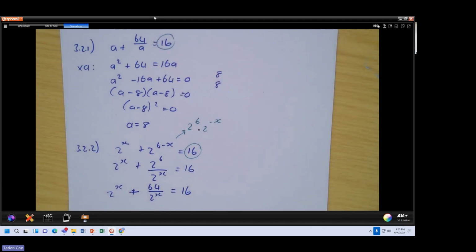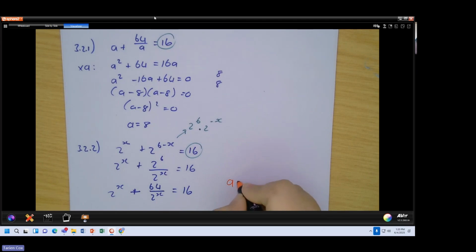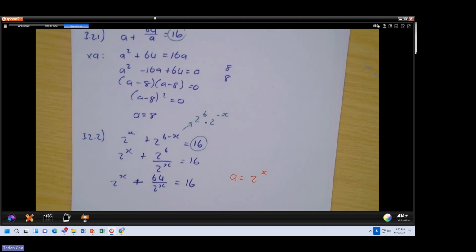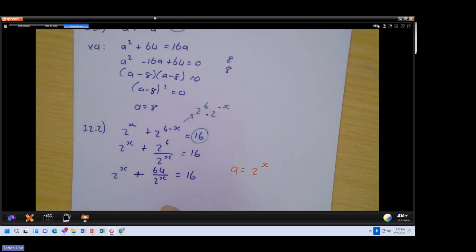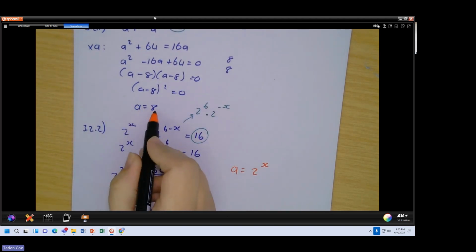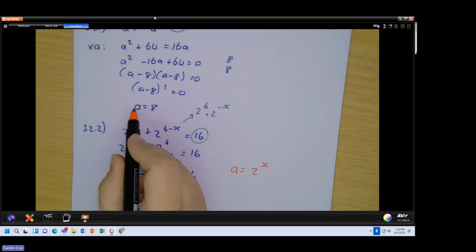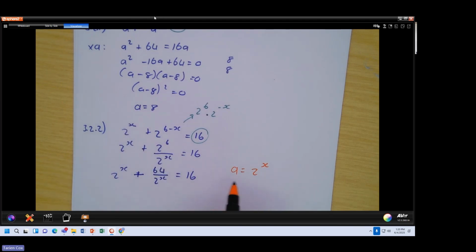So what I'm gathering here is that a is technically 2 to the power of x. That is the conclusion that you need to make. And that is why they said hence. But didn't we just now, from our previous question, learn that a was 8? So instead of writing a, we are going to write 2 to the power of x.